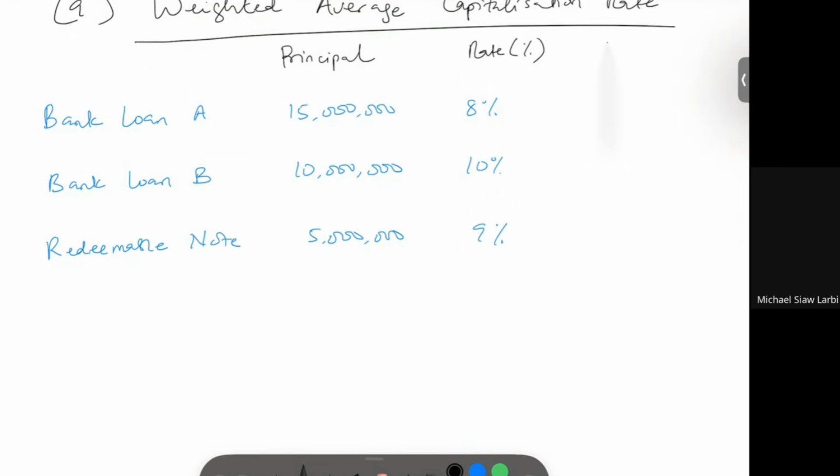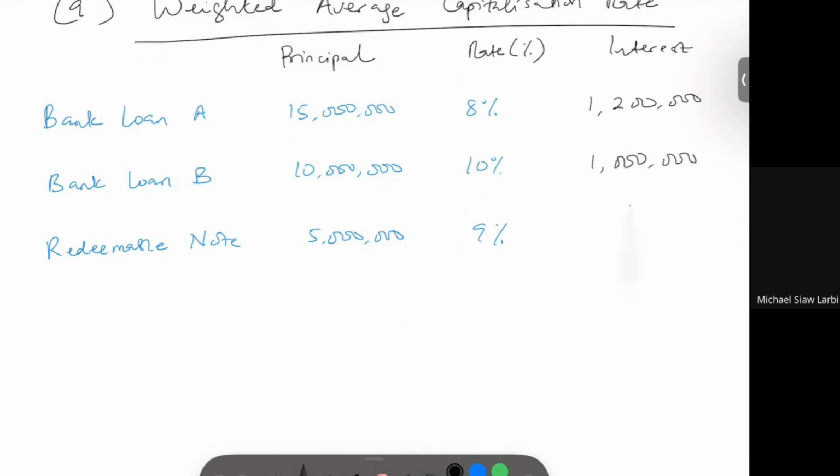So I now have my interest. All you're going to do is multiply this by this all across the board, right? So 15 million at 8% gives me 1.2 million. Of course, 10% of 10 million is a million.